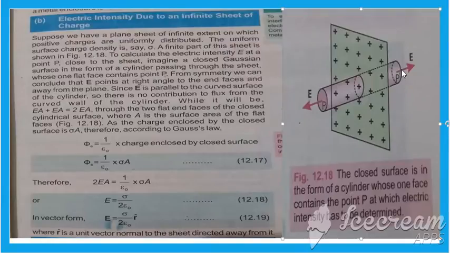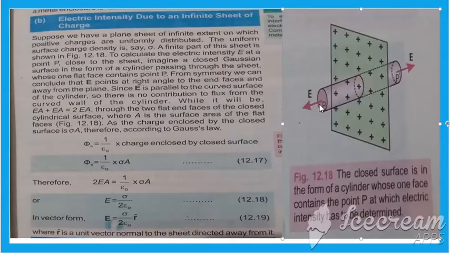Similarly, on the opposite side of this sheet, there is another point P. From a symmetrical point of view, on the left hand side the point P, which is apparent here, is at a certain distance from this sheet, and the other point P is also at the same distance from this sheet of charge.